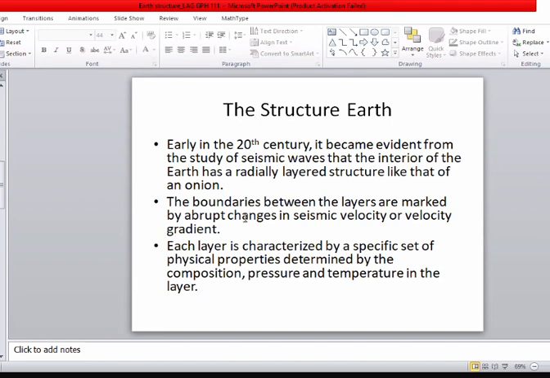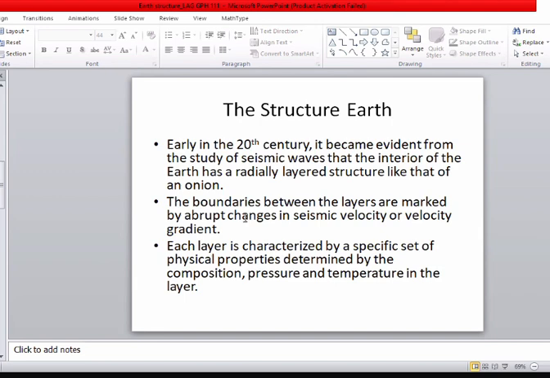You recall in your physics, when a wave moves from one layer to another, because of the difference in their optical property, there is going to be a change in the direction of that wave, leading to refraction. Because there is a change in the direction of the wave, there is a change in velocity. That velocity change is caused by difference in the optical property of that medium.